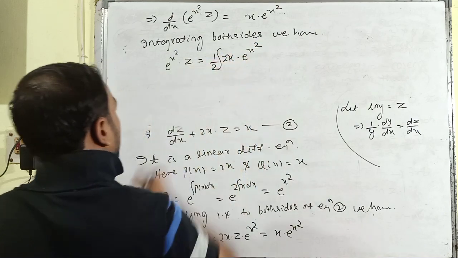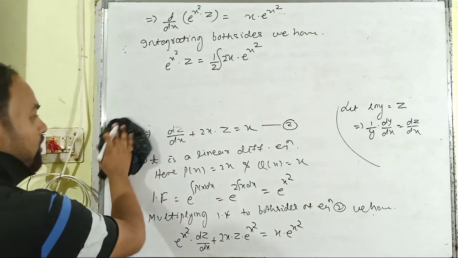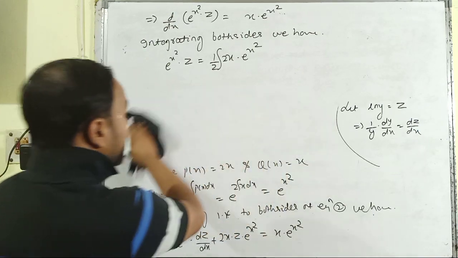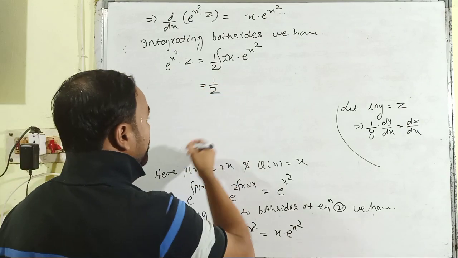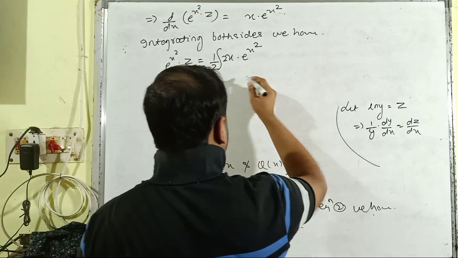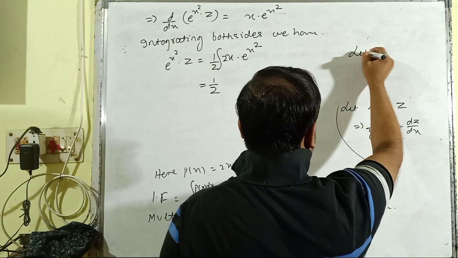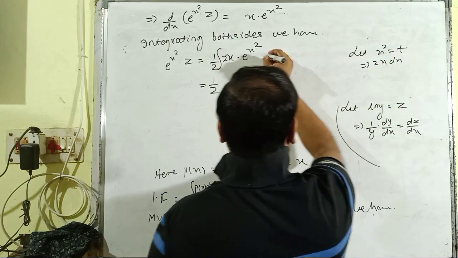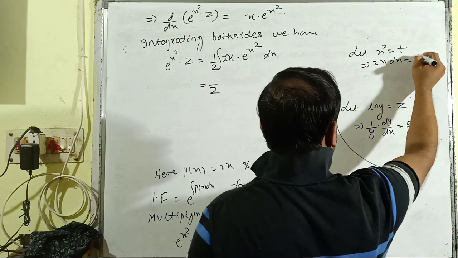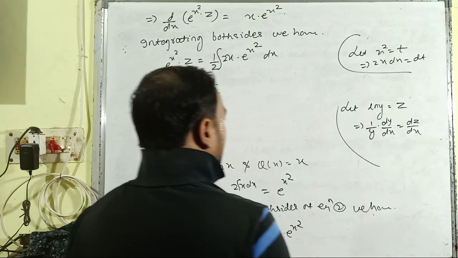Just multiply a 2 and divide a 2 here, so that we can carry these steps easily, and it is 1/2. Let x square is equal to t, then 2x dx is dt.